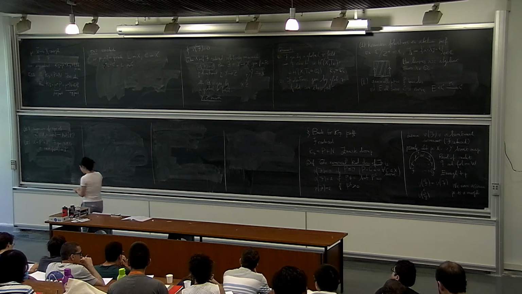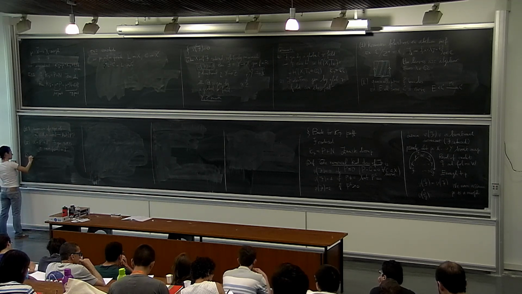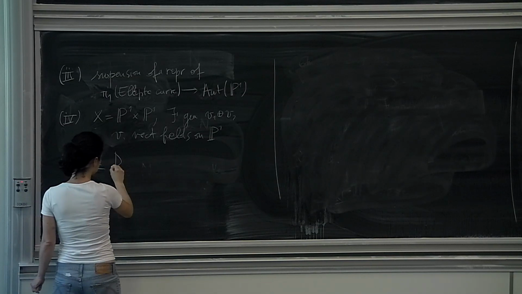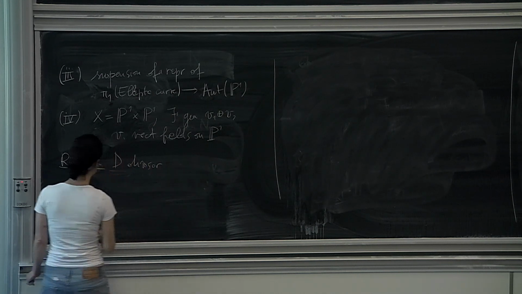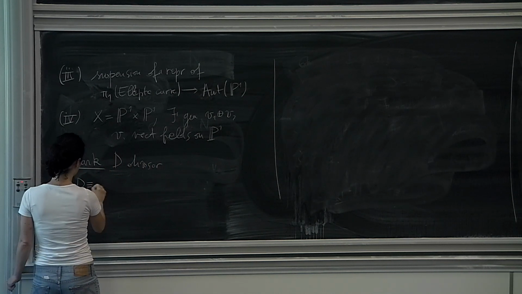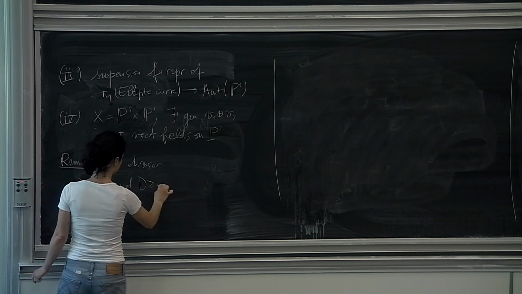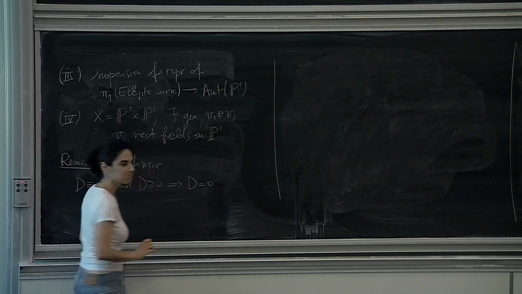And the very easy remark is the following. If we have a divisor D which is at the same time numerically 0 and effective, then D is really equal to 0.